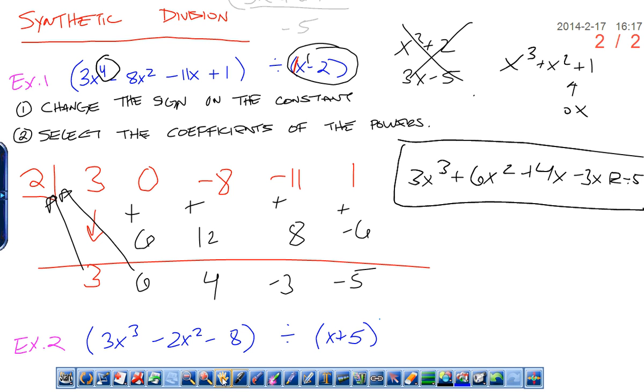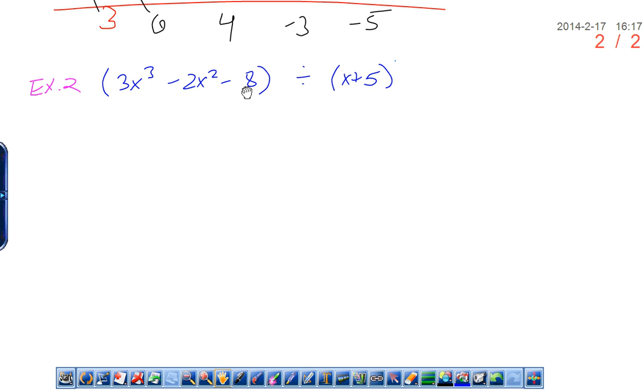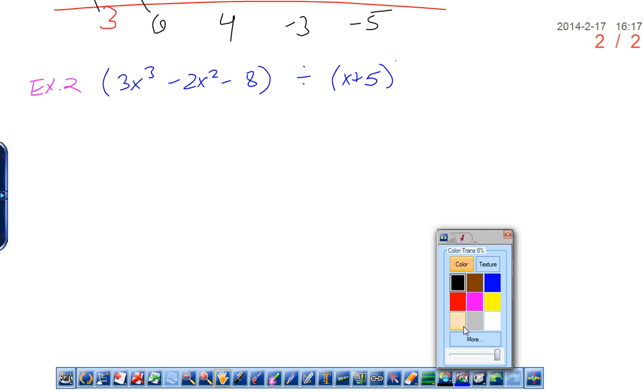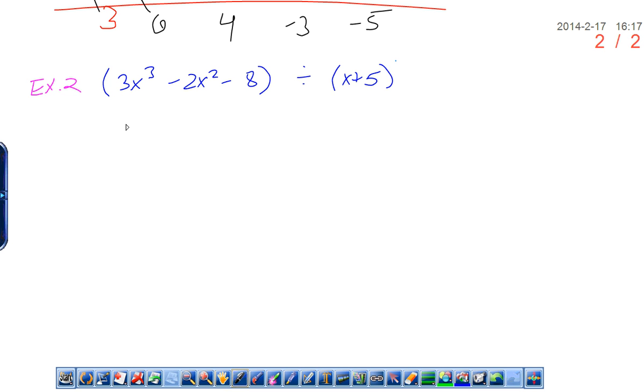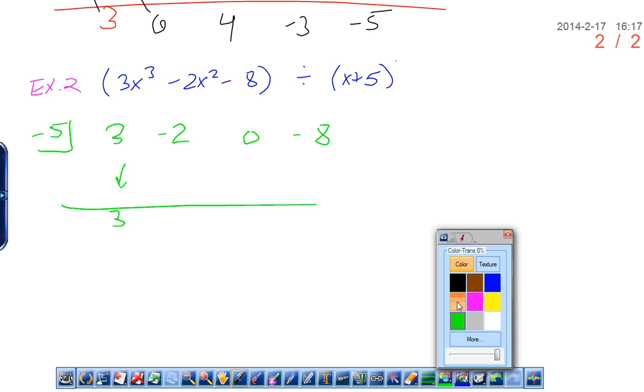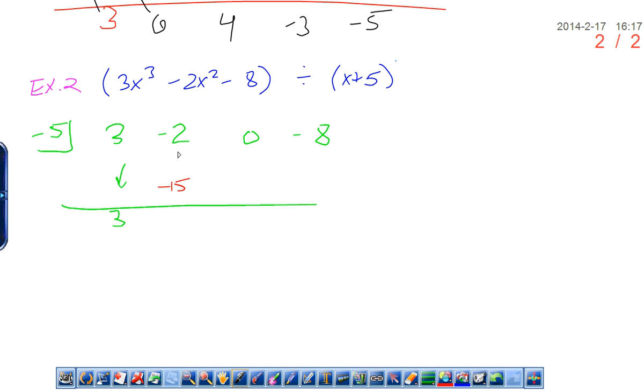Here's another example. Go ahead and pause it, and then I'm going to talk through it. Okay, so we got 3, negative 2, 0, negative 8. Need a 0 term for the x. My negative 5 is up here. I bring down 3, and hopefully you got some crazy numbers, because we get negative 15, that gives negative 17.